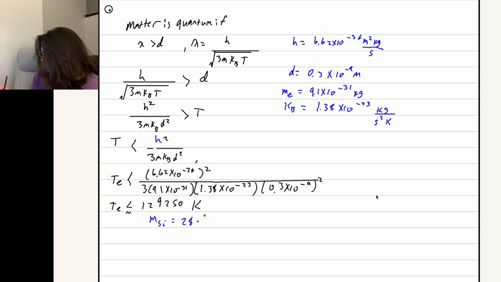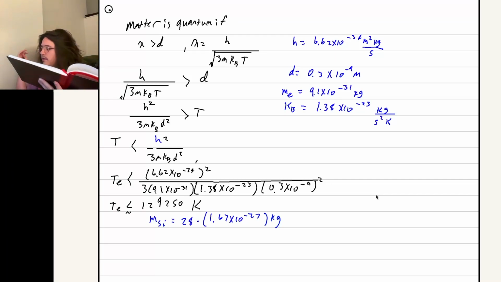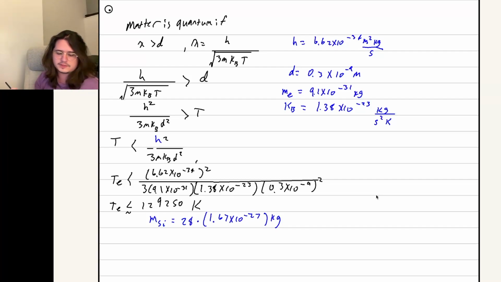So you multiply that by the mass of a proton pretty much, which is like 1.67 times 10 to the minus 27. That is in kilograms. But yeah, the rest of the numbers don't change.